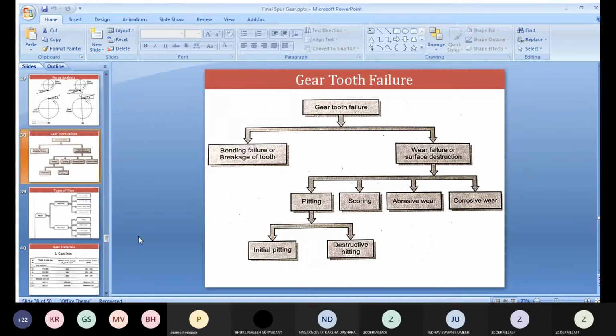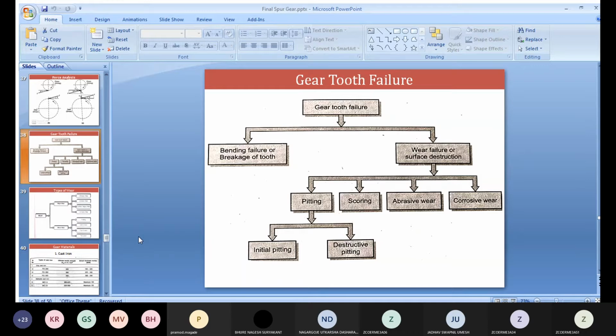So just write down here: stick slip phenomenon occurs at the time of meshing between teeth of gear as well as teeth of pinion. How to avoid this? By using proper viscous lubricant. That's it. This is about the scoring.